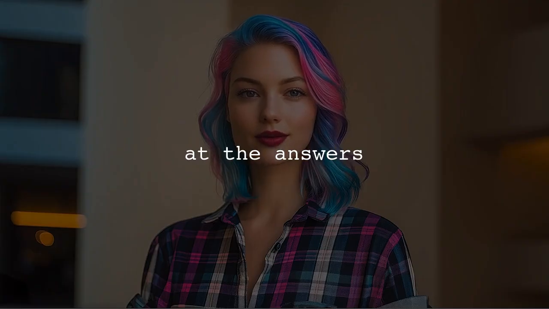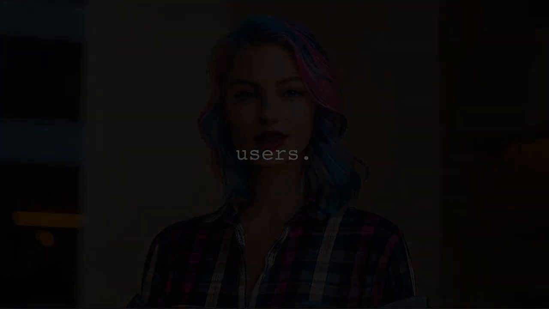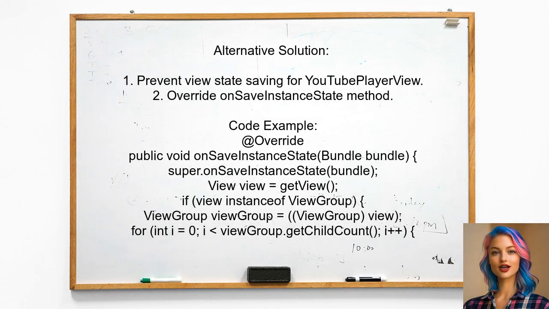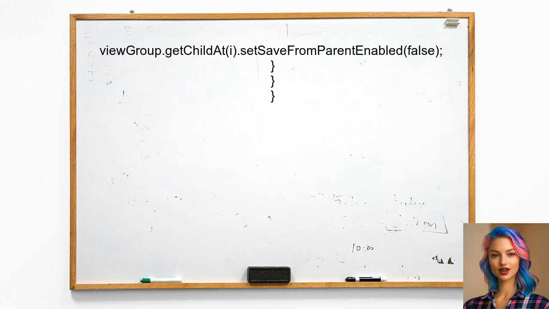Now let's look at the answers provided by other users. An alternative solution provided by another user addresses the issue of view state saving and restoring. They explain that the YouTube app has a bug that stores a view state containing an instance of a class called AC, which your app cannot restore.